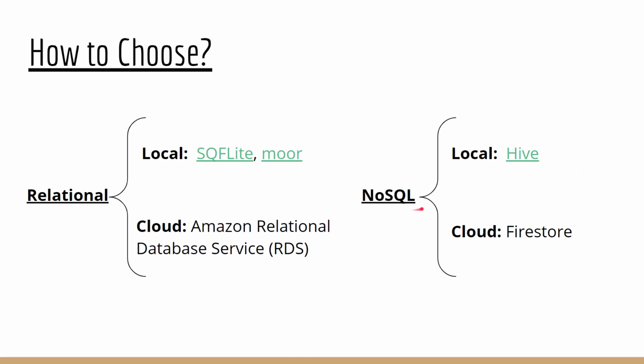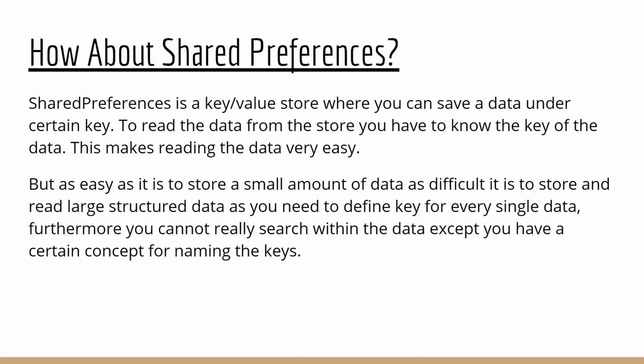And for NoSQL database on cloud, you can use Firestore. I'm sure that you are familiar with Firestore. So how about shared preferences? We know that shared preferences is a key value store where you can save data under a certain key. To read the data from the store, you have to know the key of the data, which makes the reading very easy.